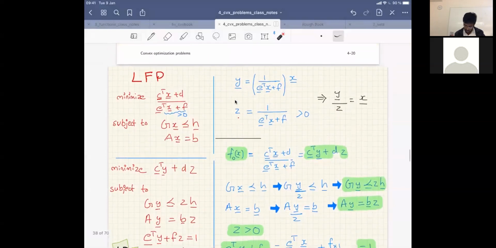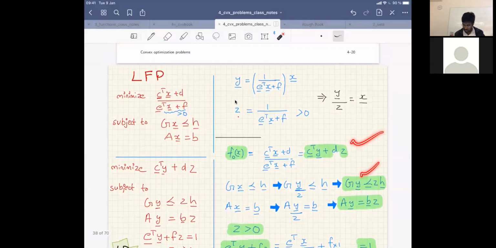Now I can use this objective function and these inequalities and equalities, but the only problem is that the new optimization will be in terms of y and z. We didn't take arbitrary y and z. We made a specific choice for y and z. So there will be some constraints coming from that specific choice.